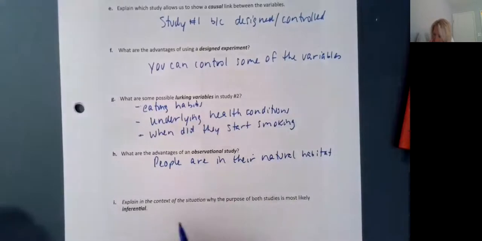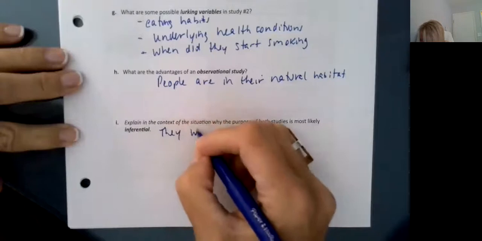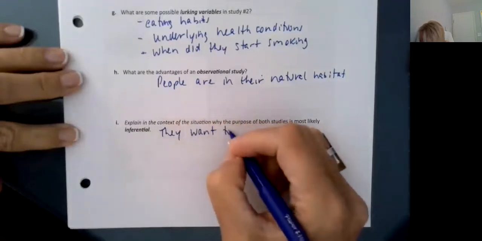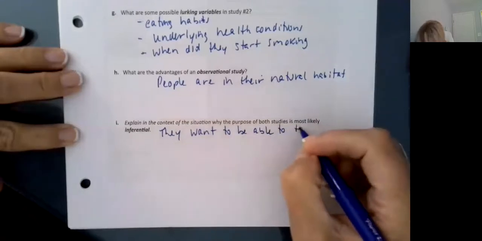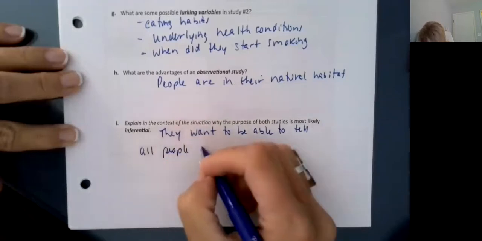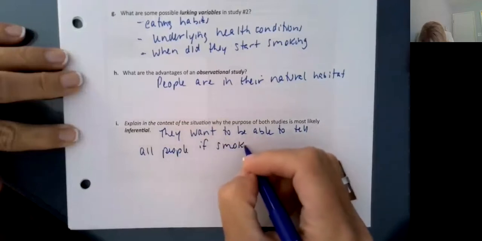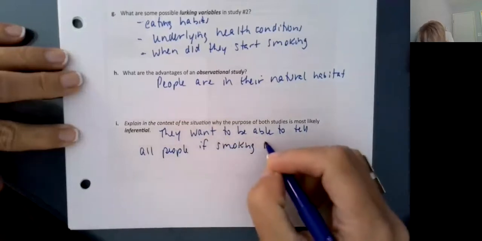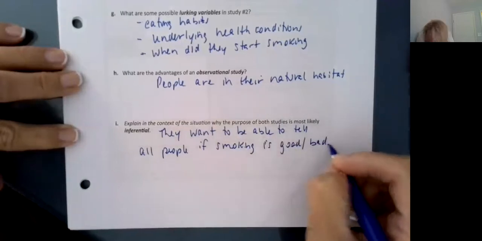And explain in the context of the situation why the purpose of both studies is most likely inferential. They want to be able to tell all people if smoking is good or bad, right?